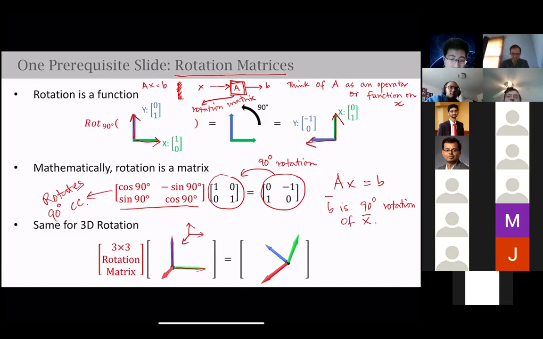Right? I can make this into this, where there's a rotation, and I'll do that by multiplying it with this matrix. Bottom line, rotation of vectors can be modeled as matrix multiplication, as long as you get the right matrix. Clean? That's all you need. One slide prerequisite for IMU tracking.